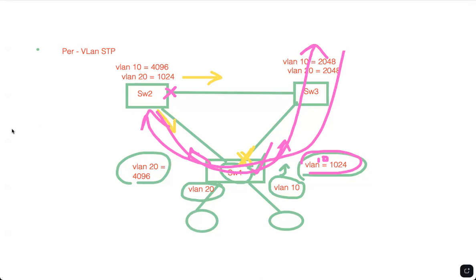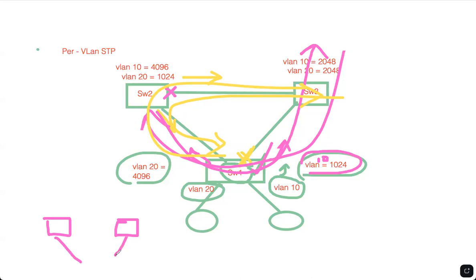If you observe the VLAN 20 traffic, that is how it looks. The logical topology for VLAN 10 looks like this. If you observe the logical topology of VLAN 20, that is how it looks.